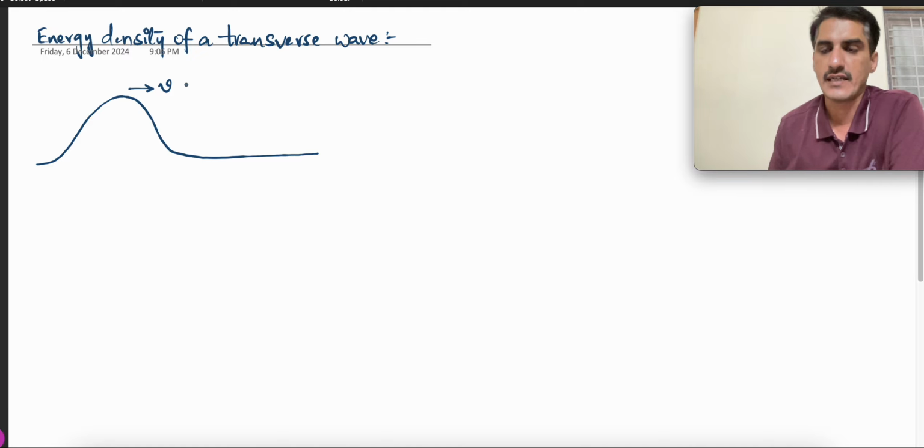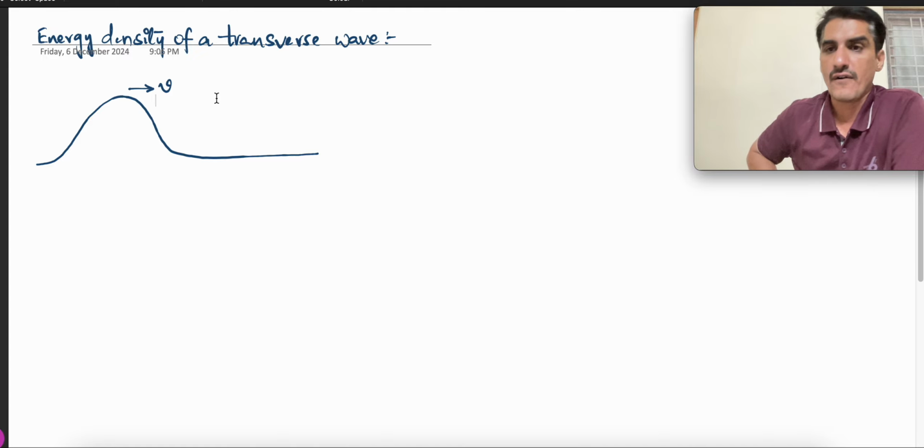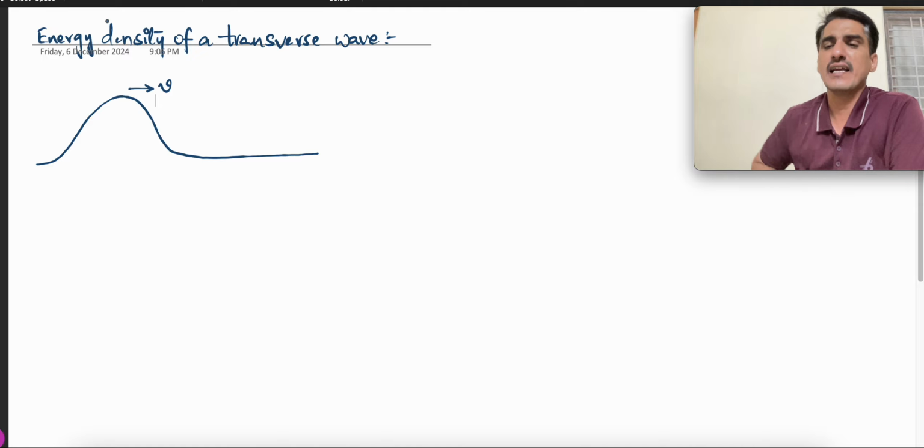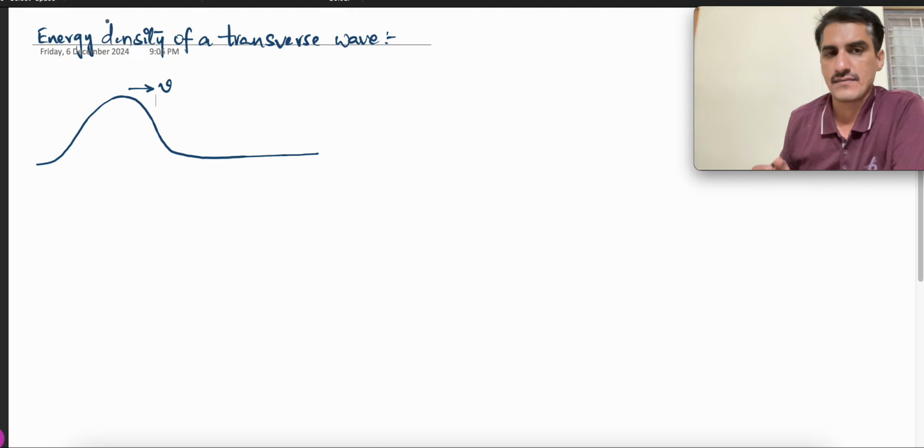We have calculated that, where mu is the linear mass density of the string, right? Now let us discuss how to find the energy possessed by this wave. Usually it will have two energies. What are they? That is potential energy as well as kinetic energy.